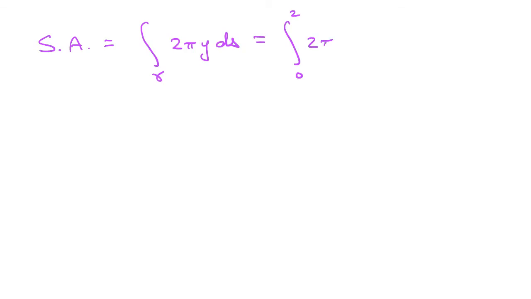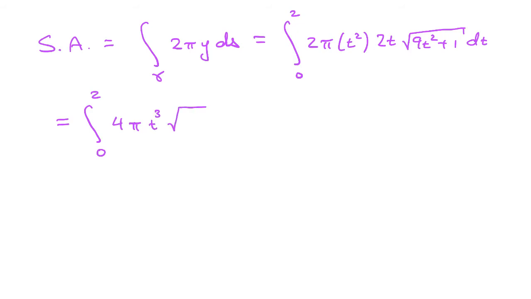So we'll have 2 times pi times y, which was t squared, and then our ds, which we said was 2t times the square root of 9t squared plus 1 dt. If we simplify this integral a little bit, we'll have the integral from 0 up to 2 of 4 pi times t cubed times the square root of 9t squared plus 1 dt.